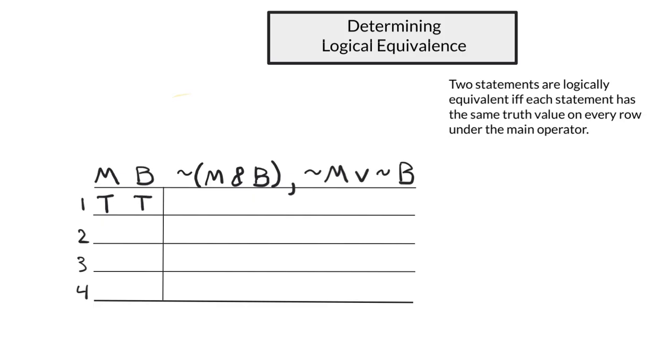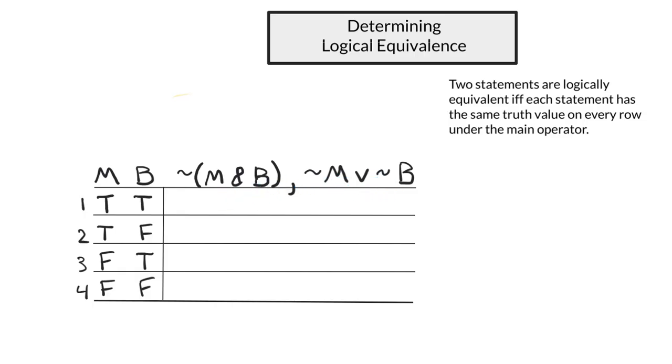Row two, M will be true, B will be false. Third row, M false, B true. And then row four, both false. This should be familiar. This captures all the possible combinations of truth values for the atomic sentences M and B.